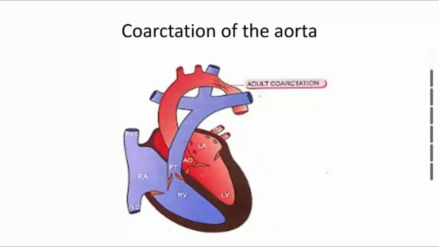If you are to measure the blood pressure at the leg and the blood pressure at the upper limb in the scenario of coarctation of the aorta, what do you think will be the differences between the two? I don't know whether somebody can answer.